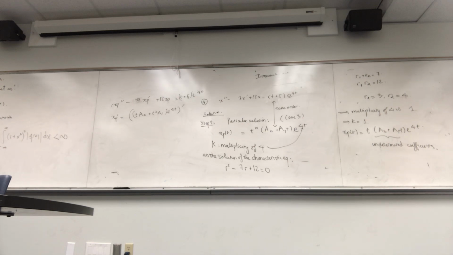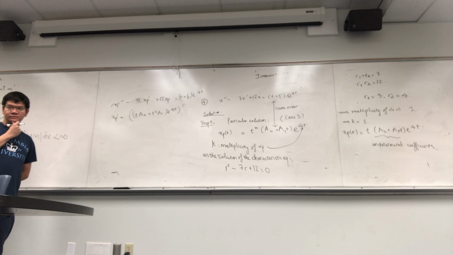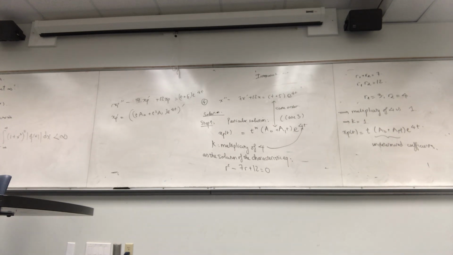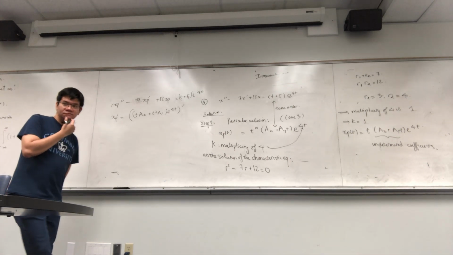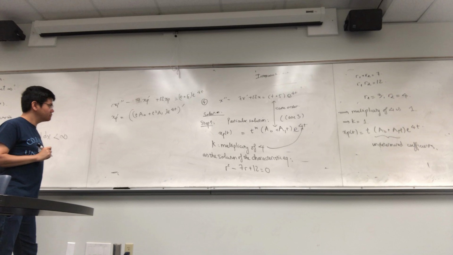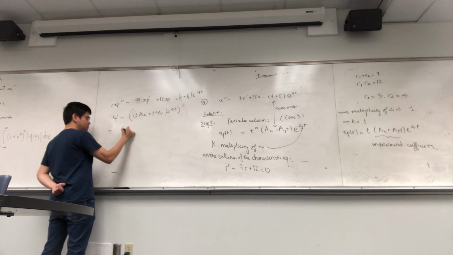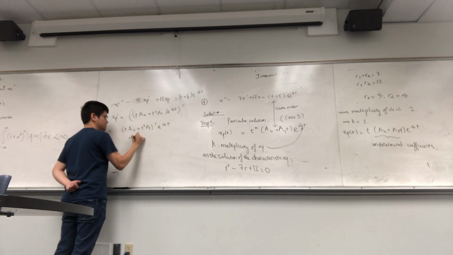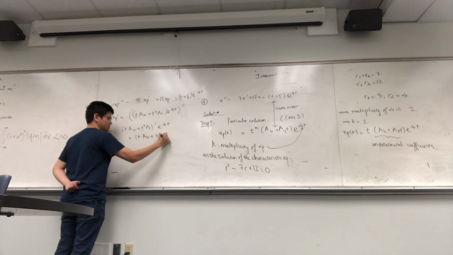So what is this derivative? You use the product rule again. It is the derivative of the first term, which is a0 plus 2a1 times t, times e to the 4t, plus the first term times the derivative of the second term.